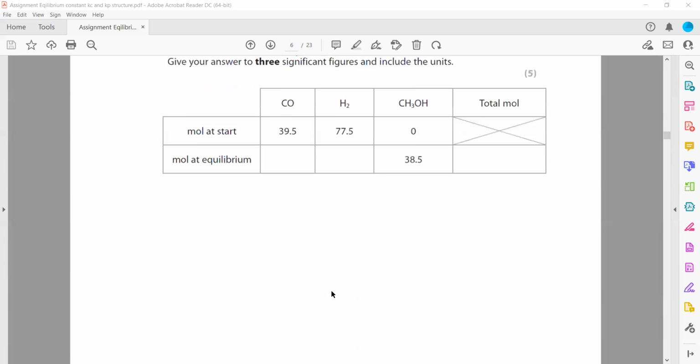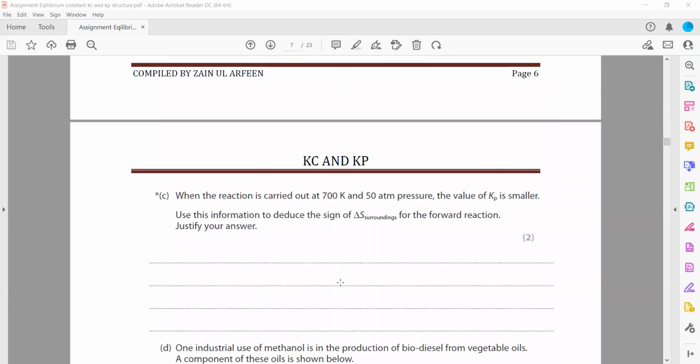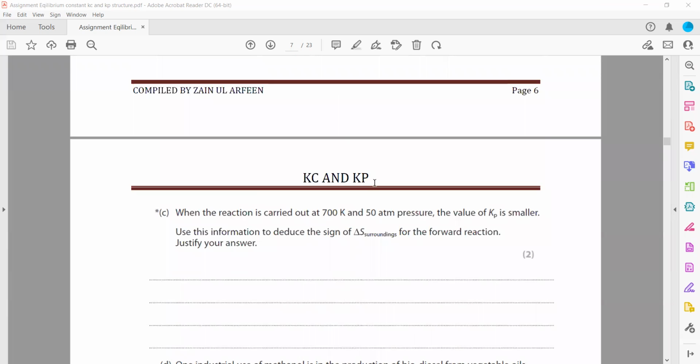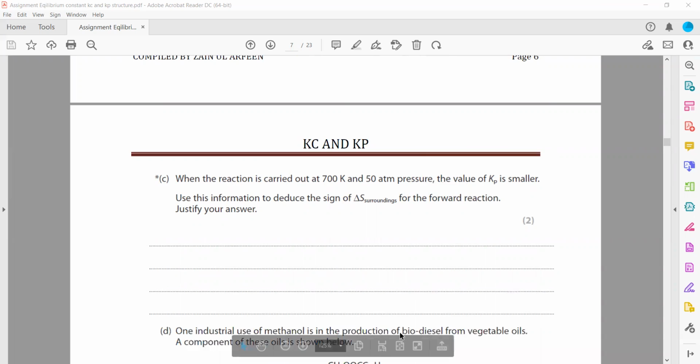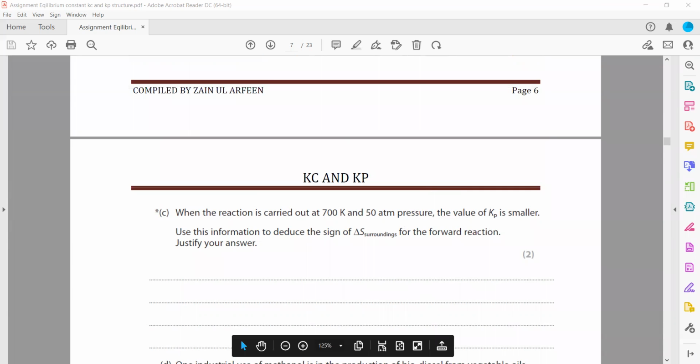When the reaction is carried out at 700 Kelvin and 50 atm, the value of the Kp is smaller. Use this information to deduce the sign for entropy change of surroundings for the forward reaction and justify your answer. So when we have a high temperature, the Kp is smaller. So what is the relation?